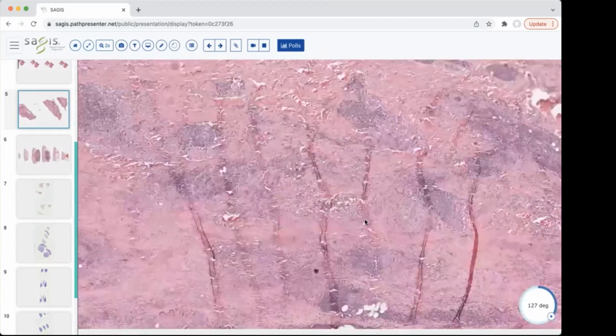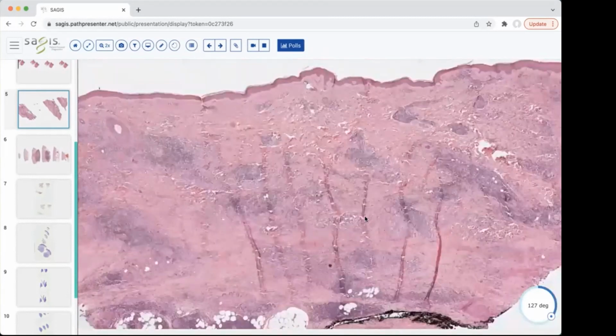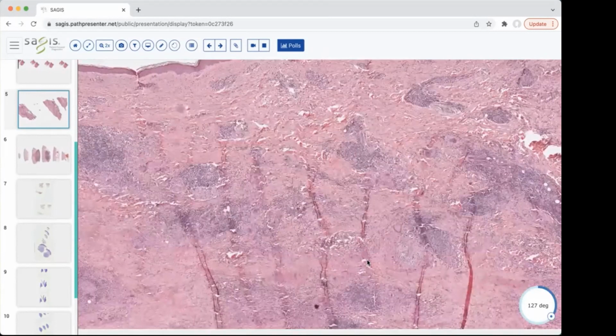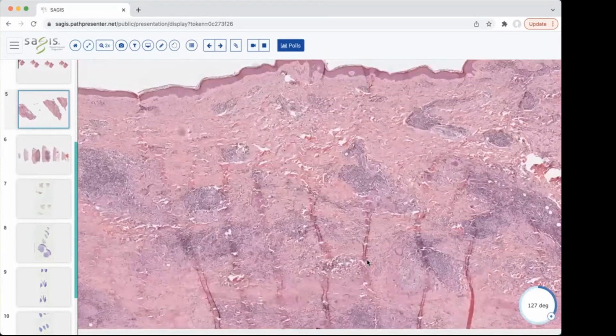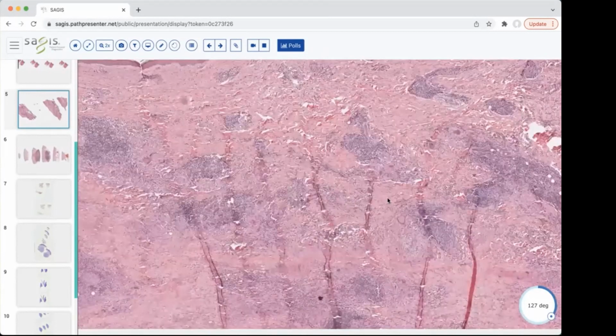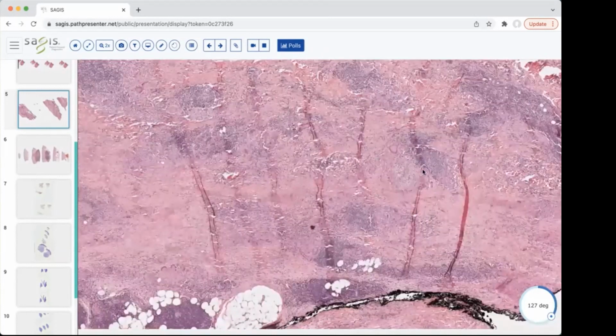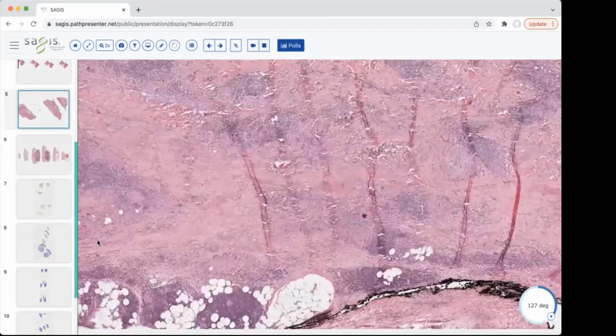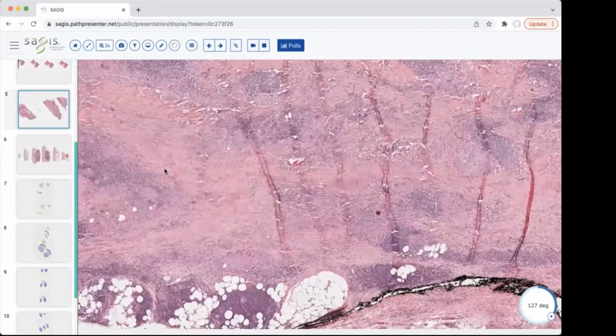If we were going to sum this up on the low power and with what we've seen on higher power, this too would fit into that palisaded granulomatous dermatitis. The palisades here are a little more jagged, or Z-shaped or N-shaped, which we drew, but this is going to be a palisading granulomatous dermatitis.